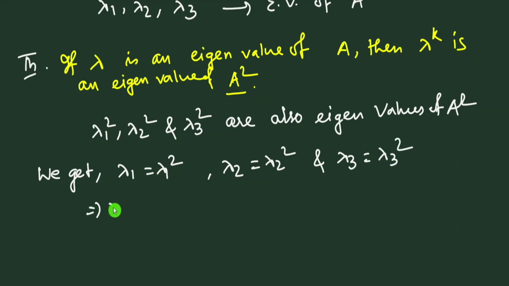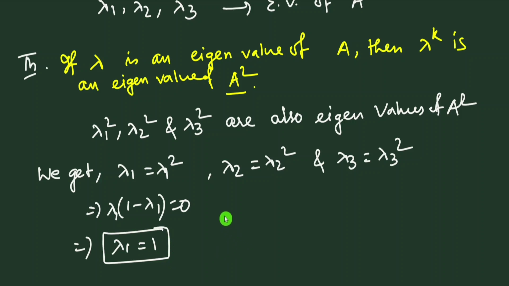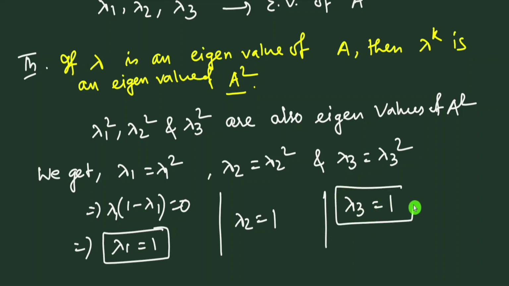So this gives lambda 1 into (1 minus lambda 1) equal to 0, and since no eigenvalue is equal to 0, lambda 1 equals 1, and similarly lambda 2 equals 1, and lambda 3 equals 1. Since the matrix is non-singular, eigenvalue 0 is not possible.